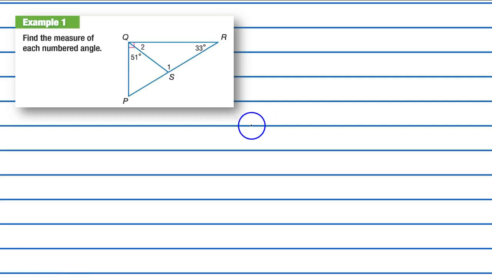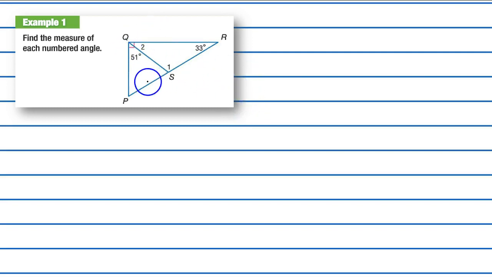Alright, so let's go over example 1. We want to find the measure of each of the numbered angles. So we have to find the measure of angle 1 and the measure of angle 2. If I'm looking here, in order to find the measure of angle 2, I know this whole angle Q is 90 degrees.